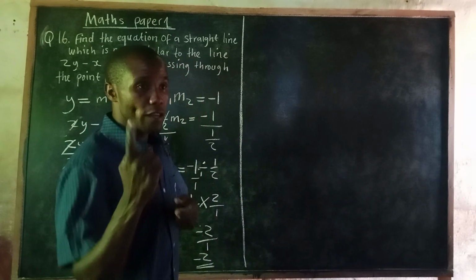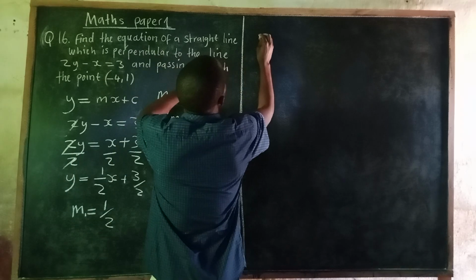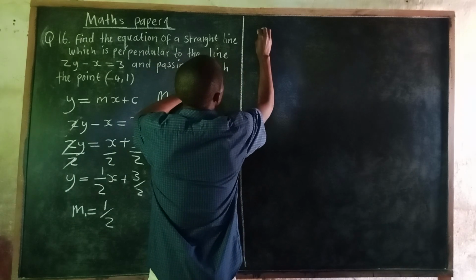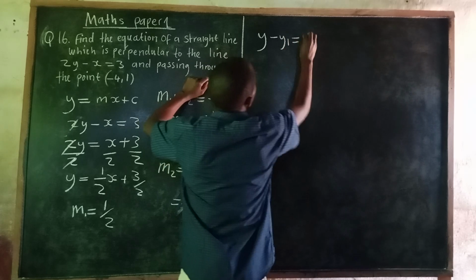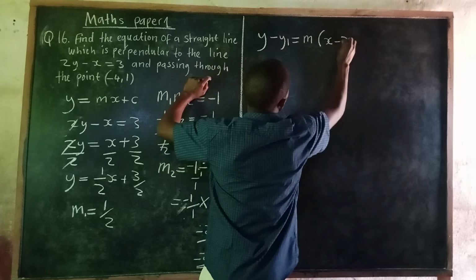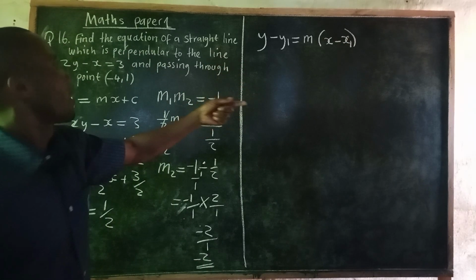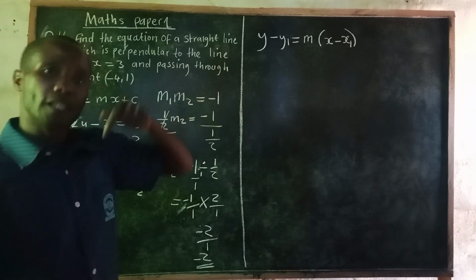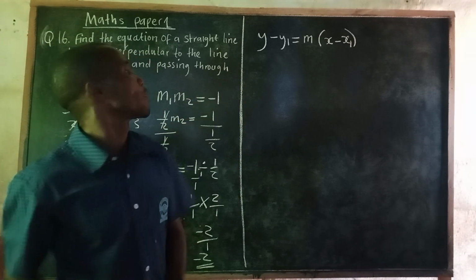Let me teach you the one which is very simple. We are going to say y minus y1 equals m, which is the gradient, open bracket, x minus x1. Okay? That is the formula, which is simpler than the other. This one, we call it gradient point form.